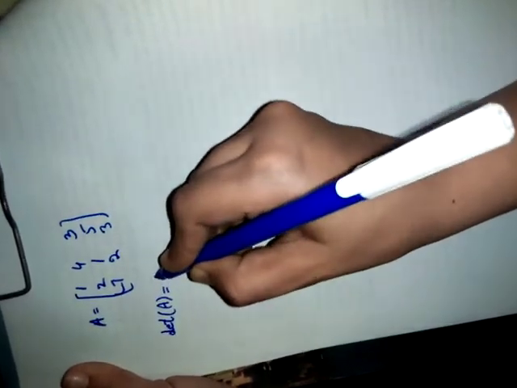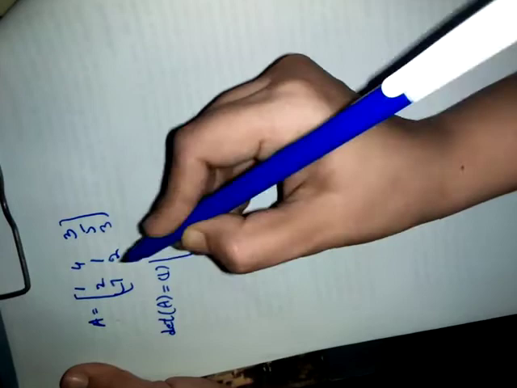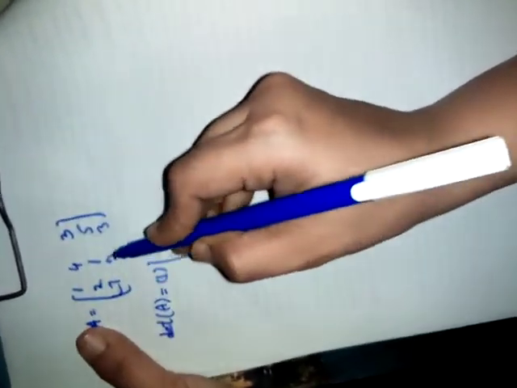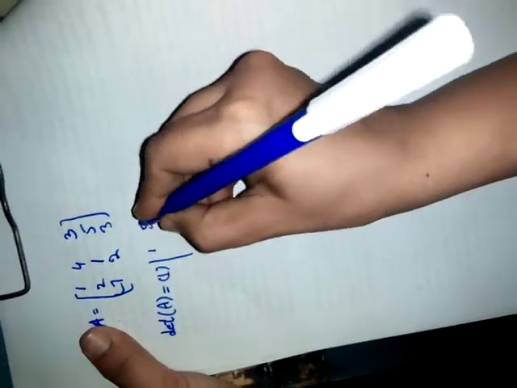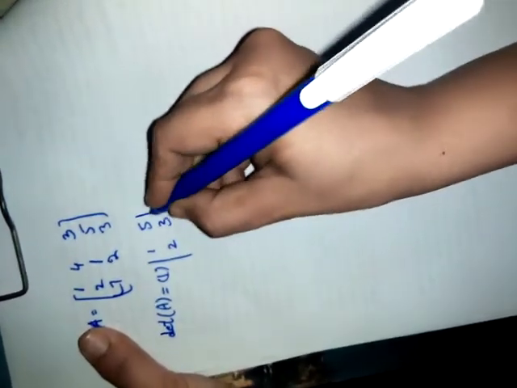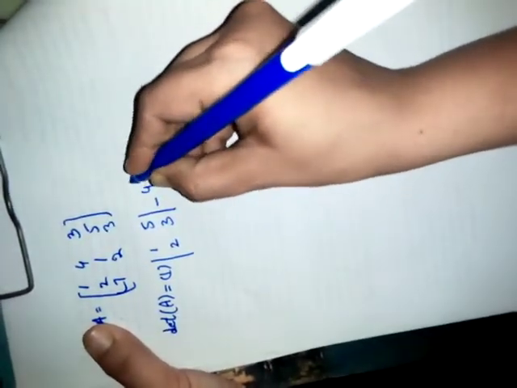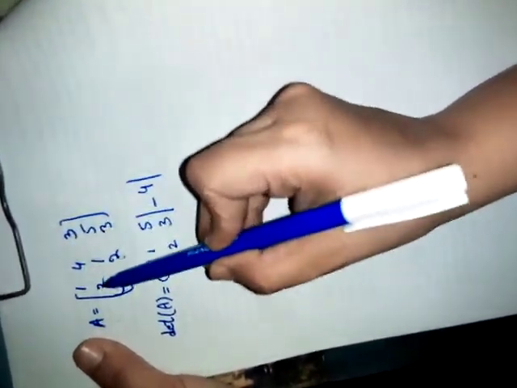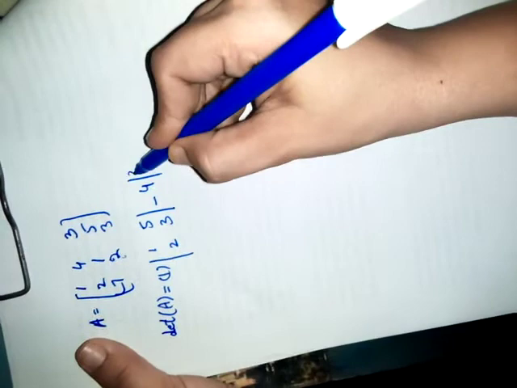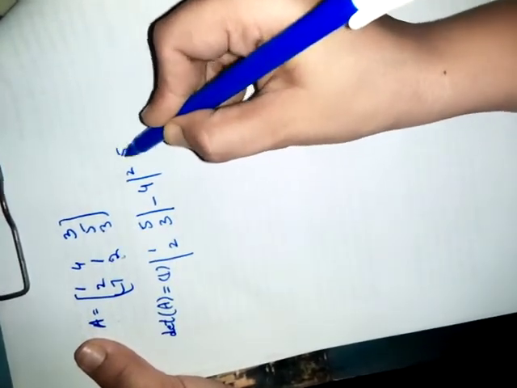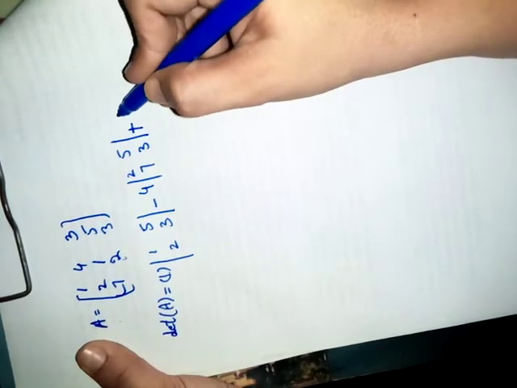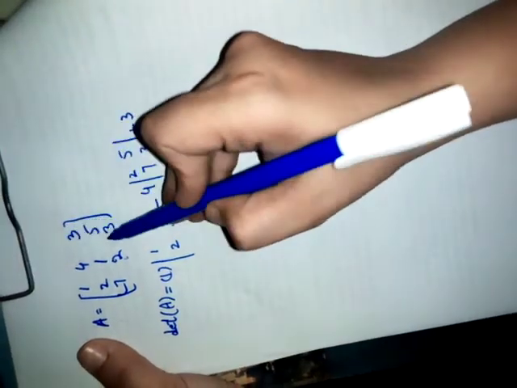It will be 1, leave the row and column, then 1, 5, 2, 3. Next minus 4, leave the row and column of 4. This is the column, this is the row: 2, 3, 5, 7. Next the sign will be plus 3, leave the row and column of 3.